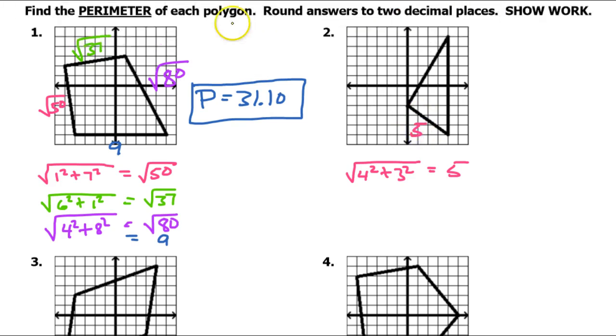So now switching over to this side over here, I've got my vertical and my horizontal. So that's 7 and 4. So that's going to be the square root of 4 squared plus 7 squared.